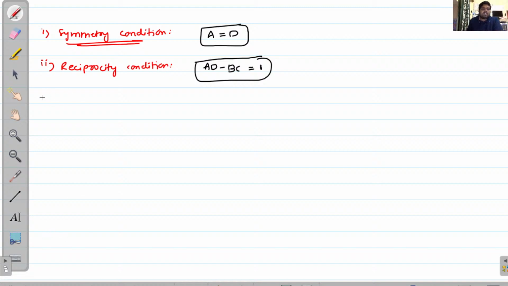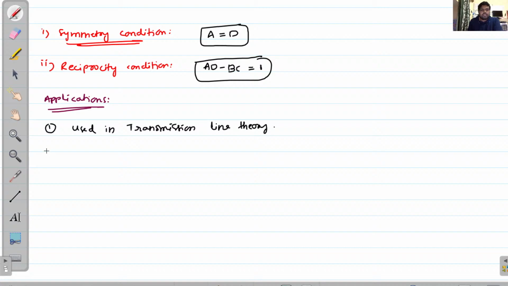Okay, next we will look into some applications of this transmission parameter. So the first application is that these parameters are used in transmission line theory. And the second one, they are used in cascaded networks.